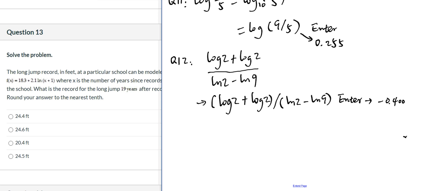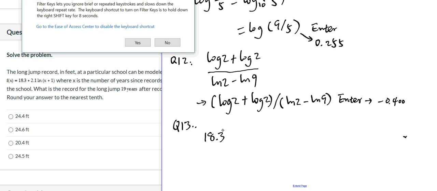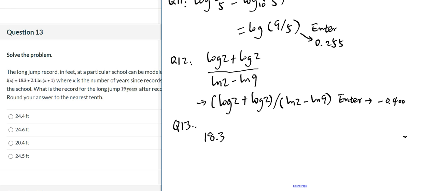So what is the grammar for that? You then have the calculator grammar, which is 18.3 plus 2.1.